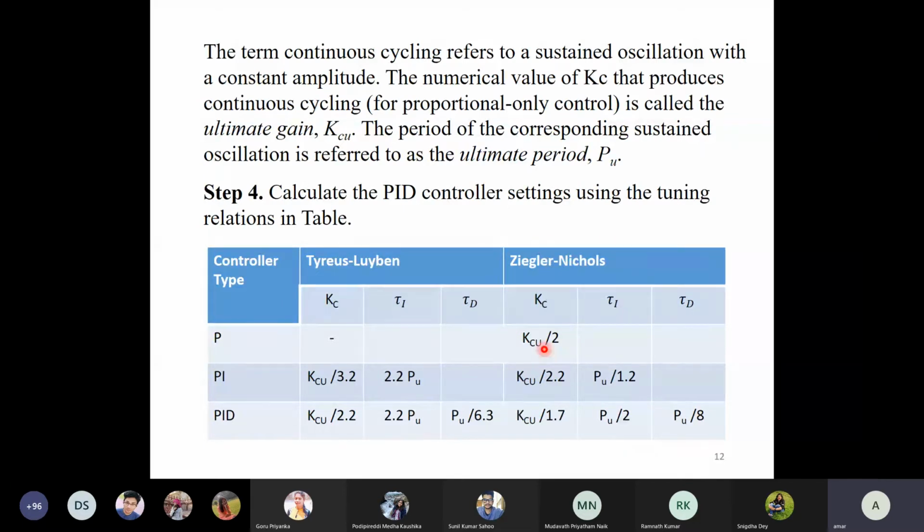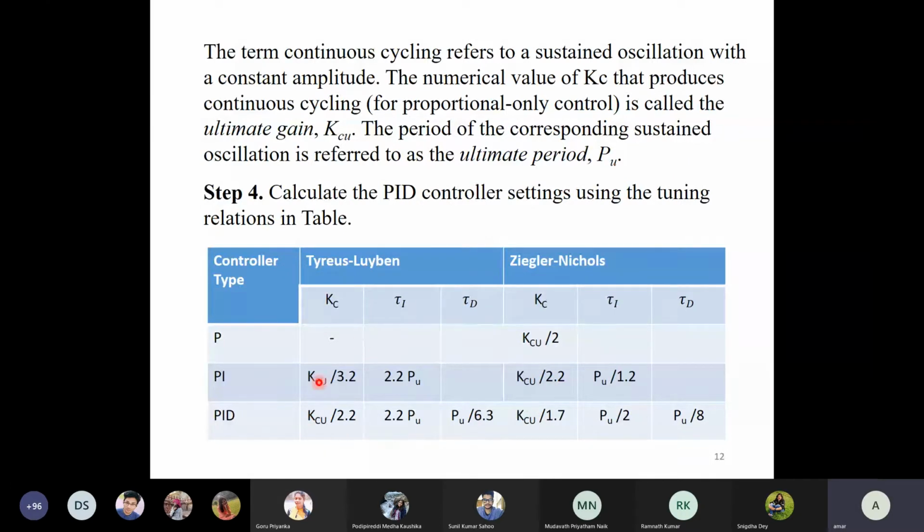So Tyreus and Luyben further refined these correlations, and they came up with a new set of correlations based on the Kcu and Pu. These are the correlations which use the continuous cycling method.